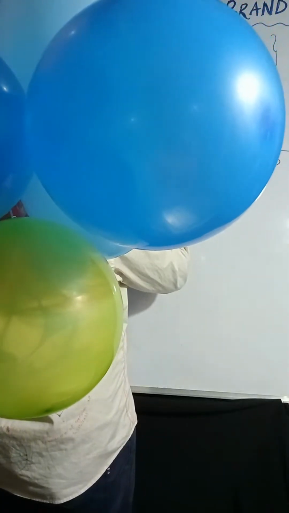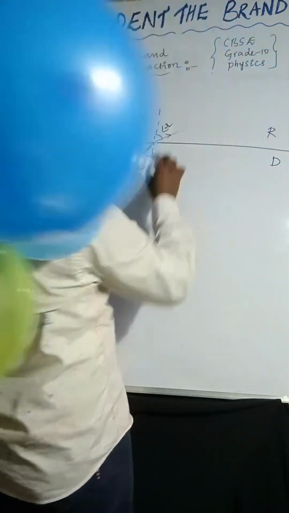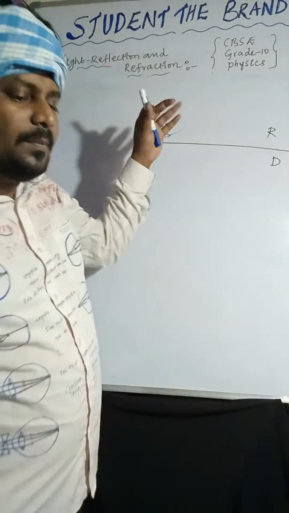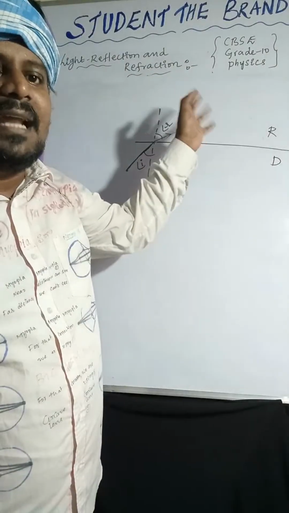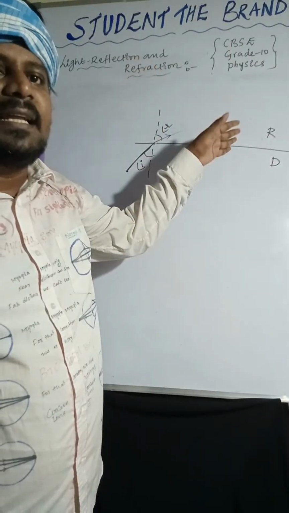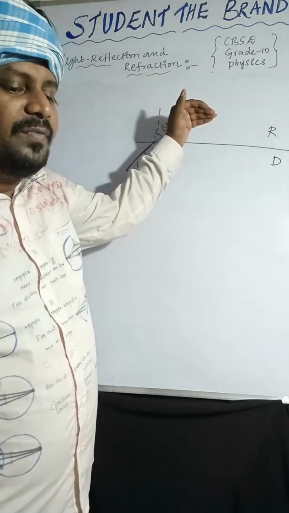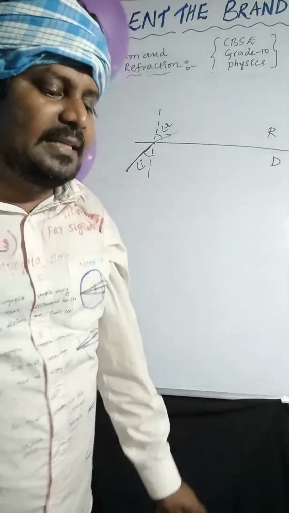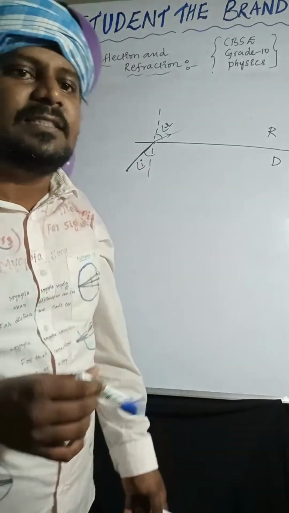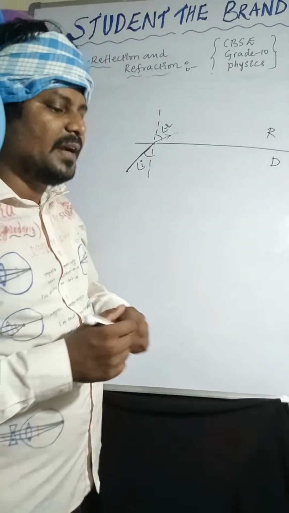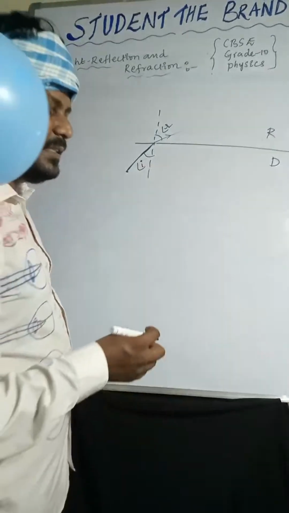Angle of incidence and angle of refraction. So if the light ray passes from denser to rarer at a certain angle of incidence, the refracted ray passes or grazes along the surface.